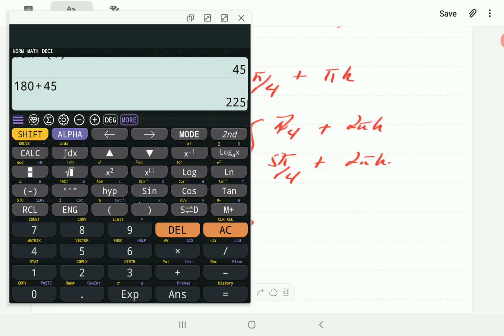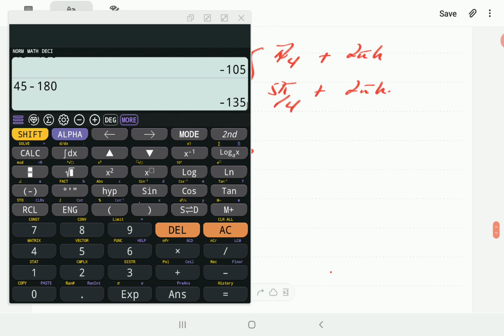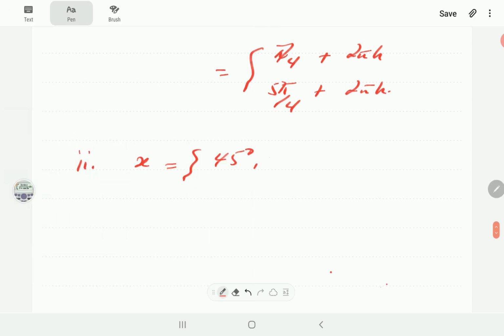Then the other thing we're going to do is 45 minus 180. 45 minus 180 gives us negative 135, which lies in the specified interval, and you'll find that those are the only two that are going to lie in that interval.